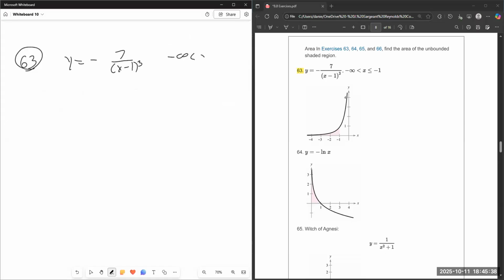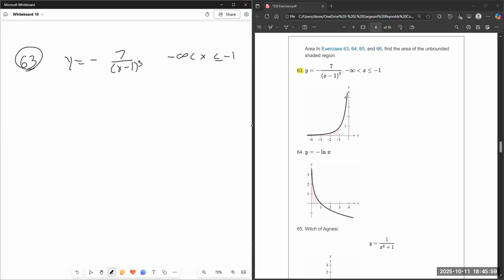X is between negative infinity and negative 1, included, where we have an asymptote over here at positive 1, but we're not getting there, so we're fine. We're continuous on this entire interval.